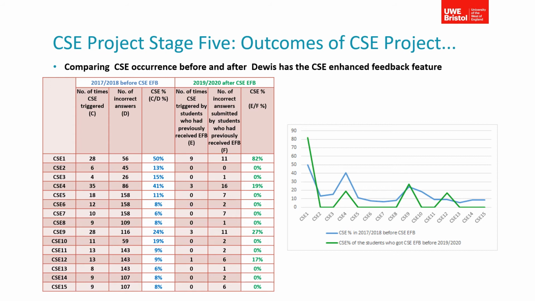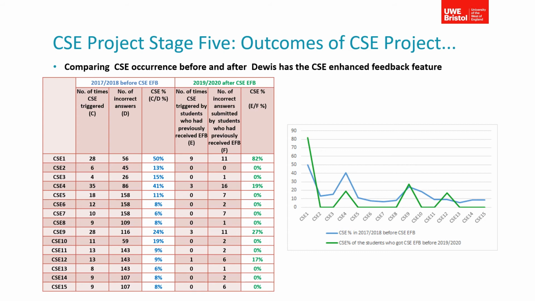This graph shows the CSE percentage, that is the proportion of students who made a CSE out of the total incorrect answers in 2017-18 in blue, and the proportion of students who had received enhanced feedback before the exam but did the same mistake in the exam in green.